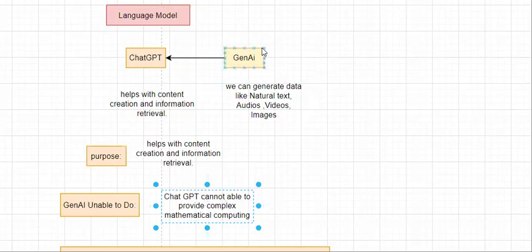So that's the thing that any GenAI cannot do. What is the thing that generative AI cannot do? Generative AI cannot provide complex mathematical computational results.